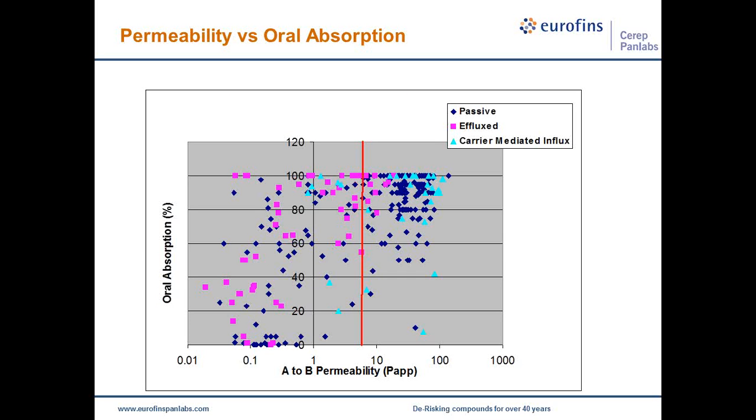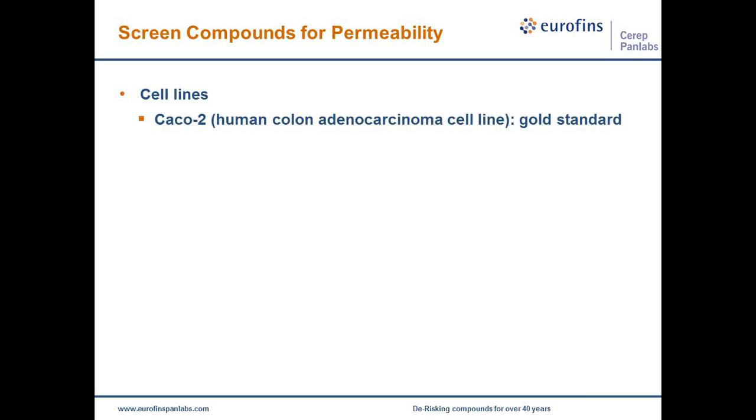High oral absorption is a preferred characteristic of a drug. Permeability is one of the factors affecting oral absorption. Our Bioprint database shows that compounds with an apparent permeability coefficient greater than 5 have a high possibility of good absorption. Permeability assays are tested using polarized cell lines such as Caco-2 and MDCK.